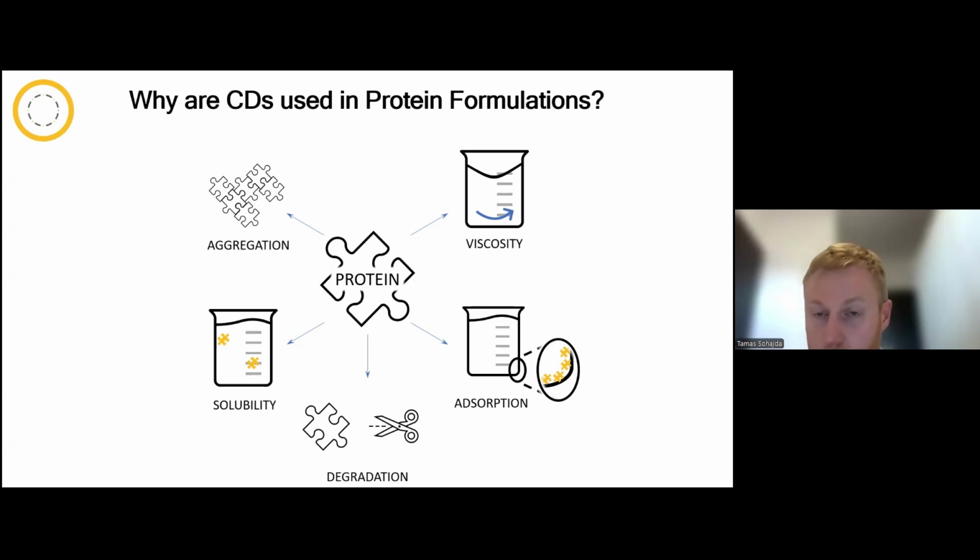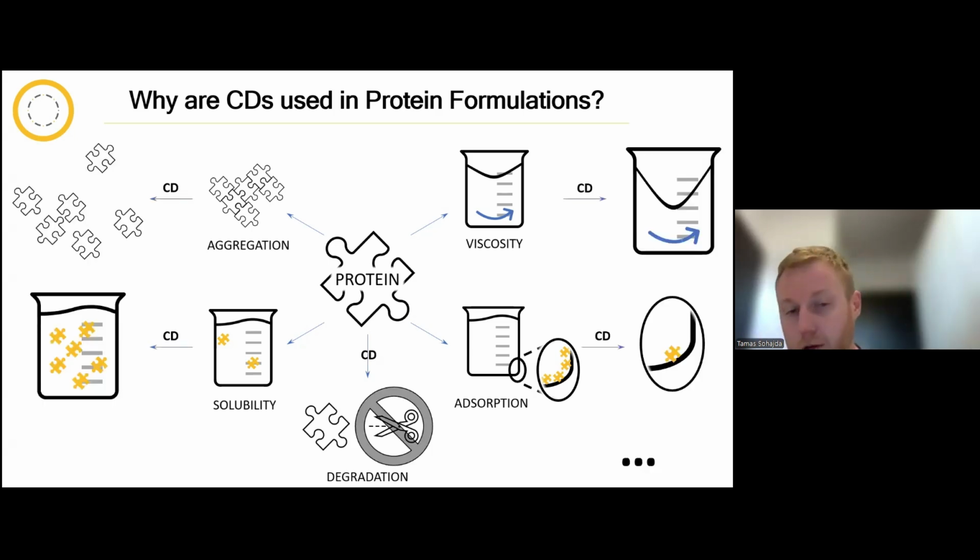Proteins can adsorb to the container surface or wall, and some proteins, not all of them, have limited water solubility and can degrade. So they're rather sensitive molecules, not easy to deliver and formulate. Ideally, a magic excipient like a cyclodextrin, okay, it's not a magic excipient here, but pretty useful, can prevent all of this from happening.